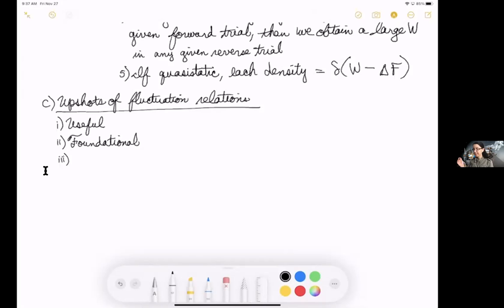Third, you can connect this theory to experiment, as with DNA strands. These fluctuation relations have been tested experimentally.